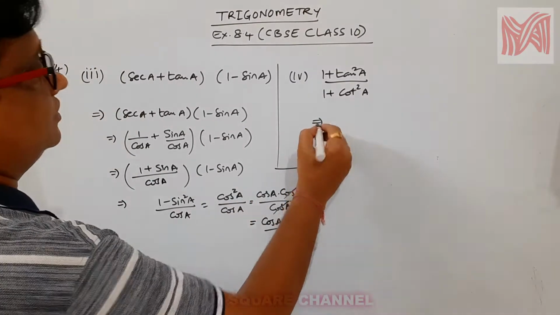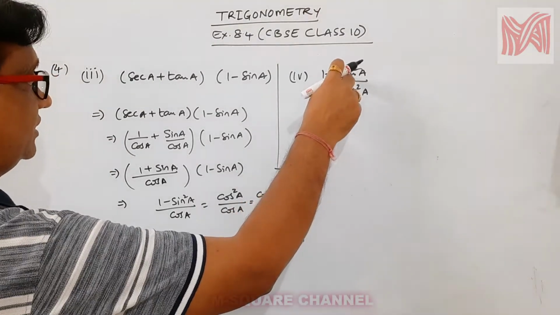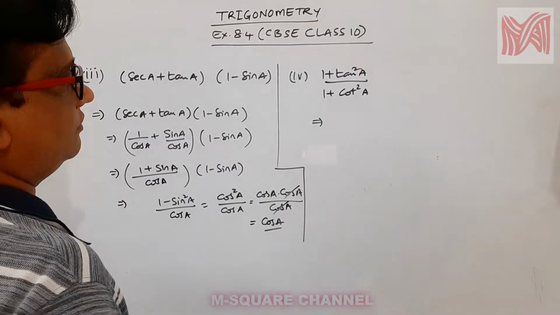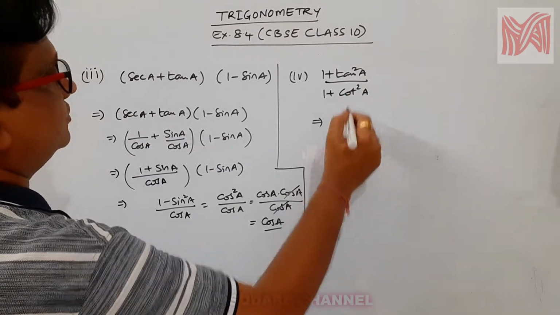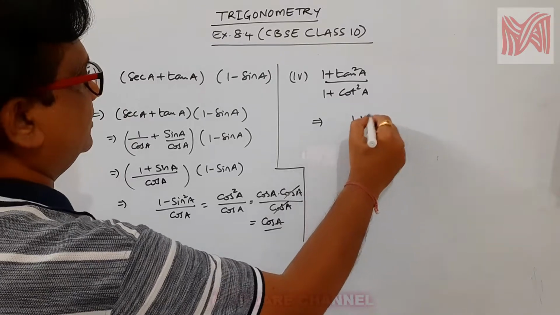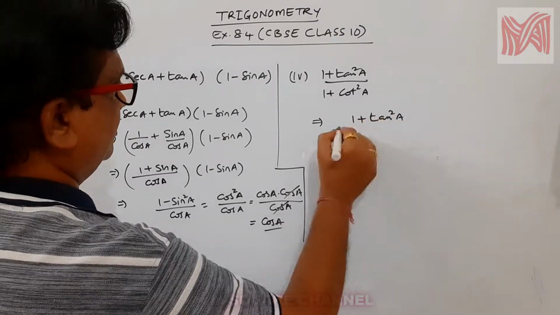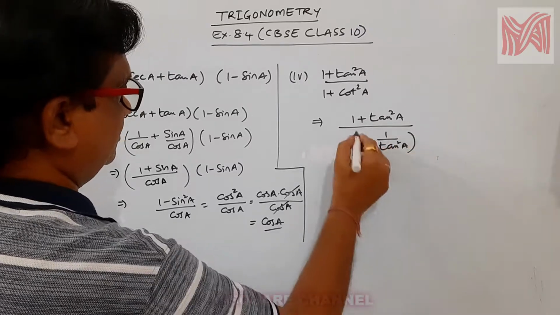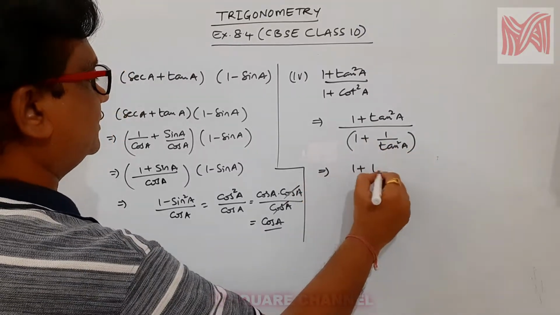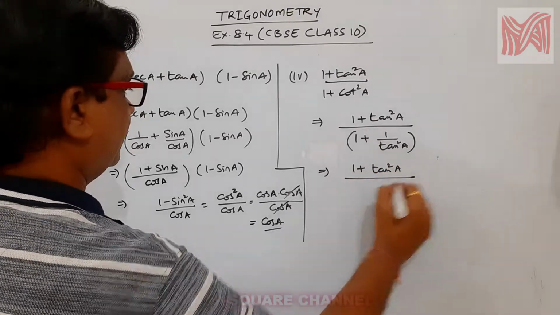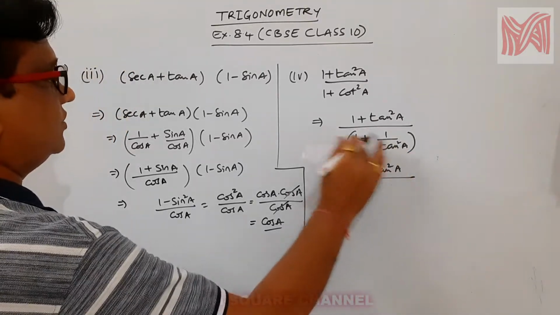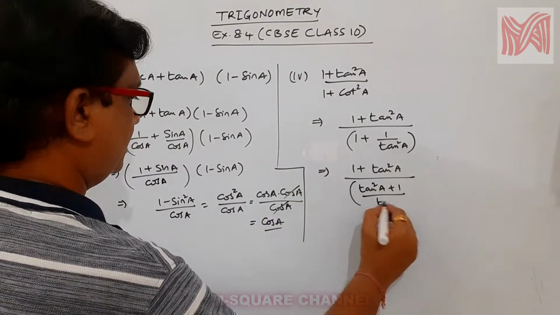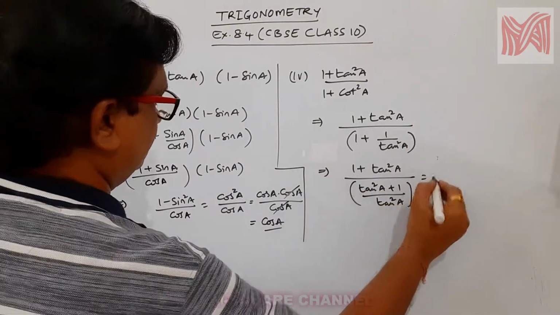Same like this, in this case we are going to change into either tan or cot. Only one of them we are going to change into tan or cot forms. Suppose I am going to change this cot as 1 by tan. So please see, tan square a by 1 plus 1 by tan square a. So 1 plus tan square a, and in the denominator, tan square a plus 1 by tan square a.